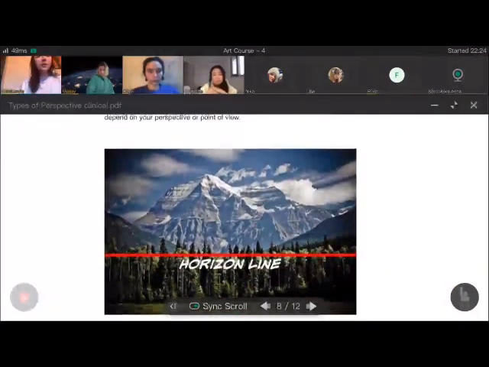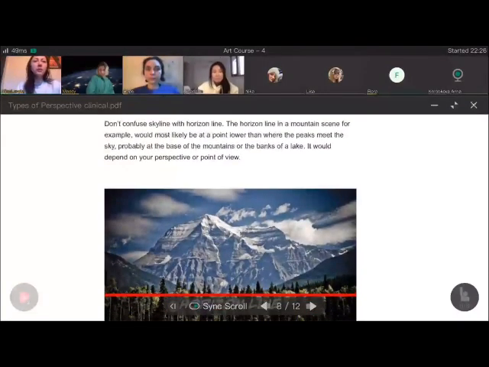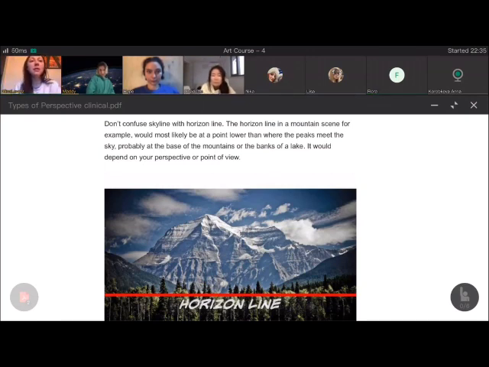All right, now this is what I was talking about. Don't confuse skyline with horizon line. The horizon line in a mountain scene, for example, would most likely be at a point lower than where the peaks meet the sky. Here is where the peaks meet the sky.